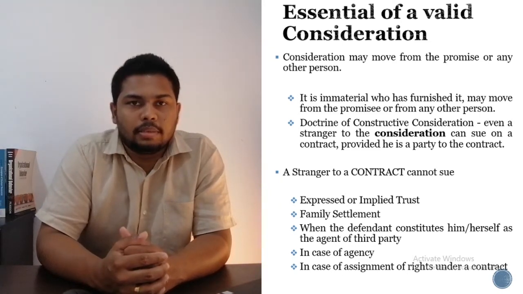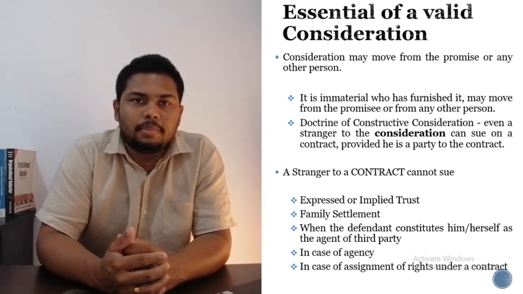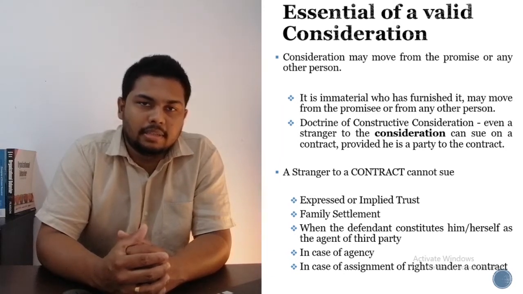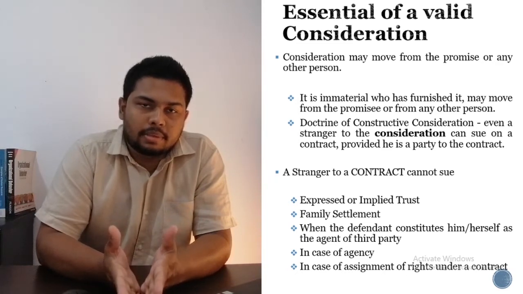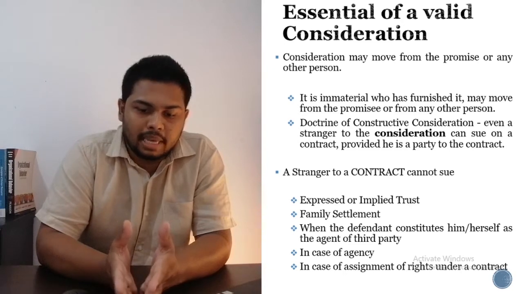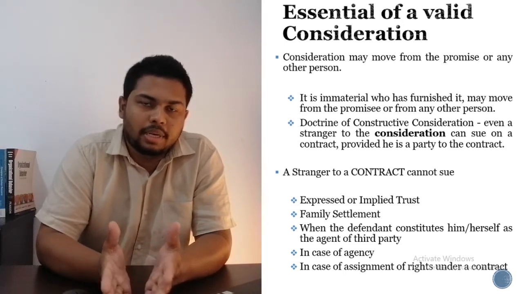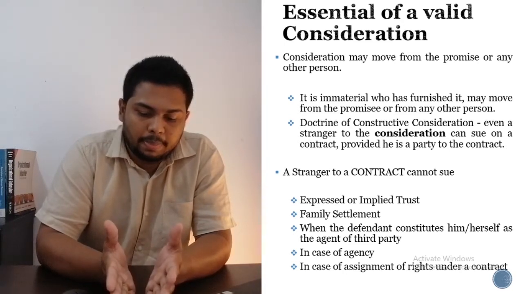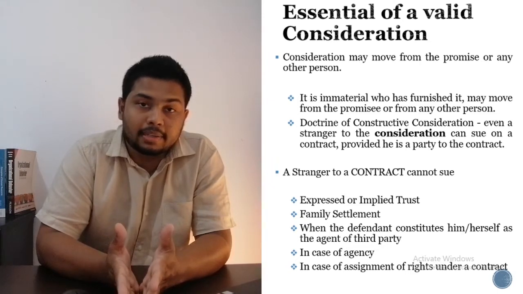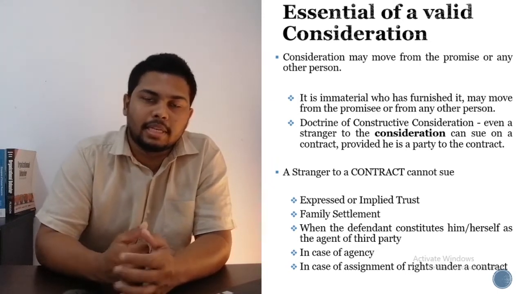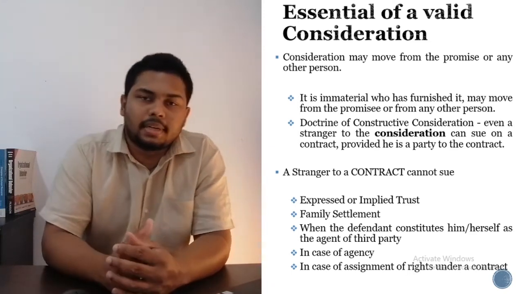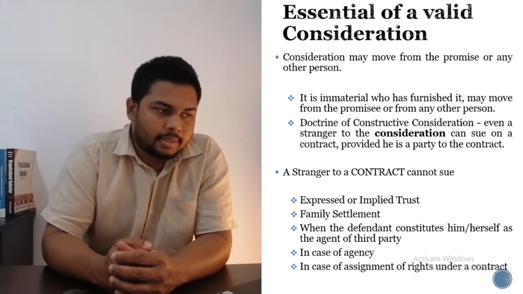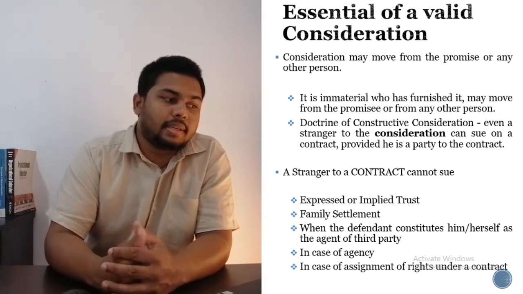We discussed contracts and agreements where people signed, like cumulative contracts, where two or more parties became party to a contract with one party, or two or three parties have accepted something from a single promise. When it comes to the doctrine of constructive consideration, even a stranger to the consideration can sue.